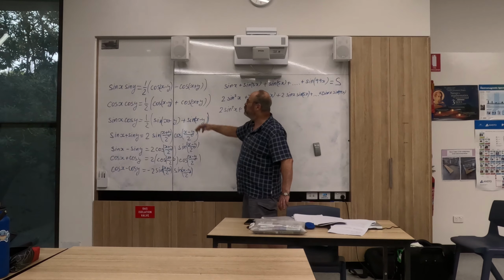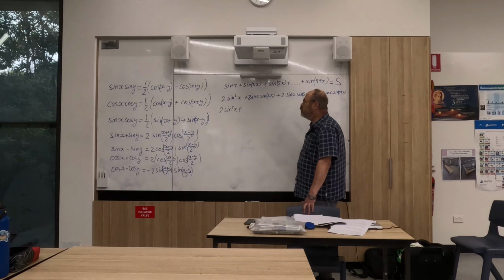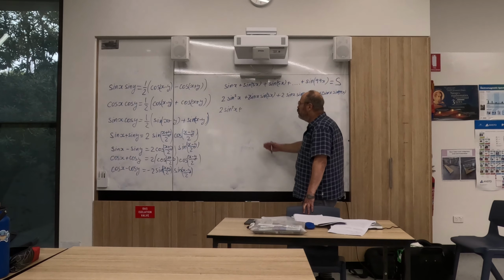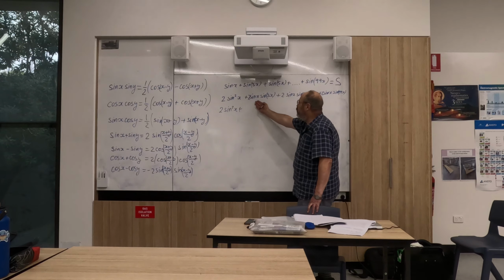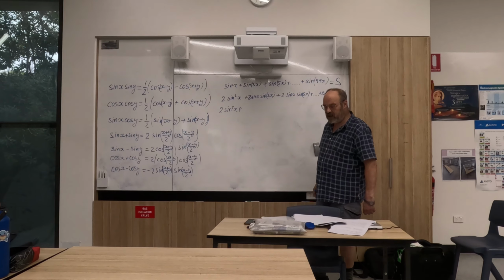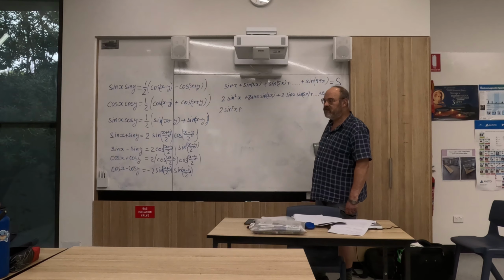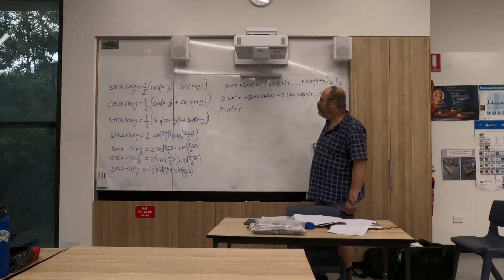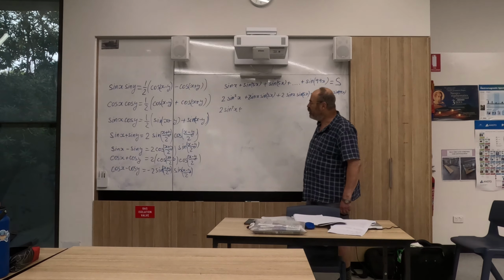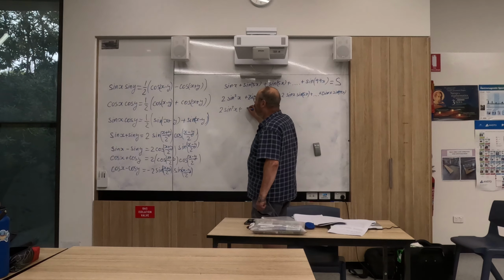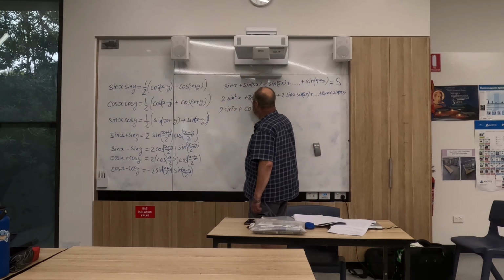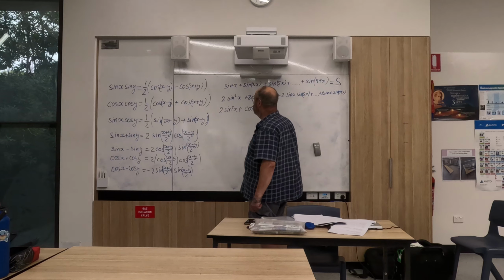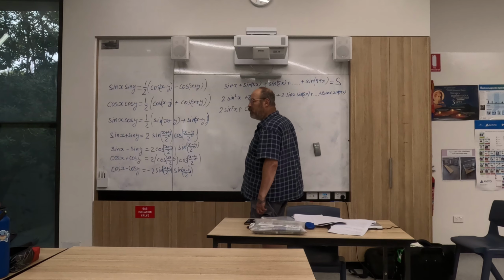The 1/2 times 2 cancels out. We will simplify sine x times sine 3x. This becomes cos of x minus 3x.